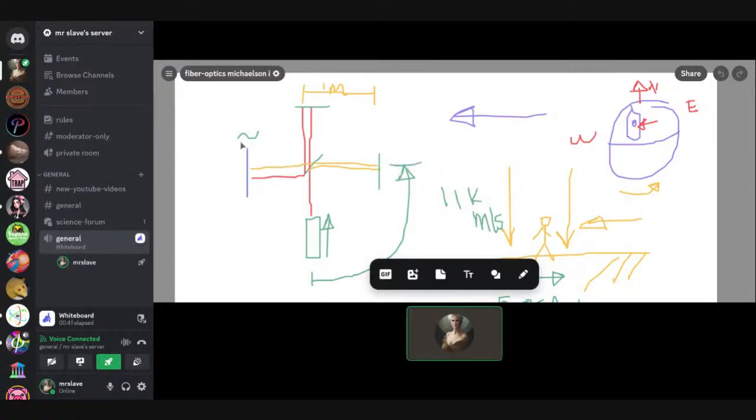Let's say we're expecting to get 1 wavelength worth of interference between these two signals. Now, assuming that the ether is flowing from the east to the west, that's the assumption. We're in the north hemisphere. So that's our assumption. Wait, south hemisphere would be the same, I guess.